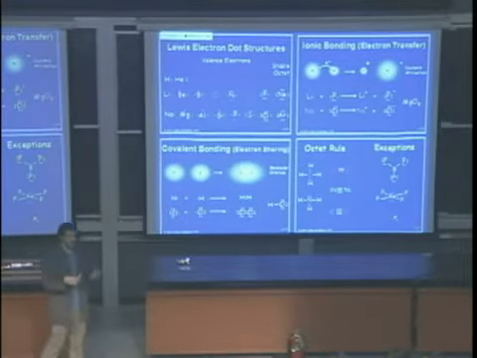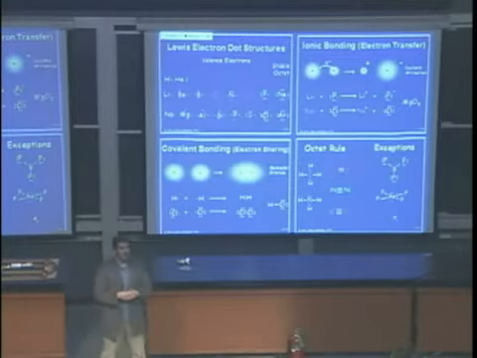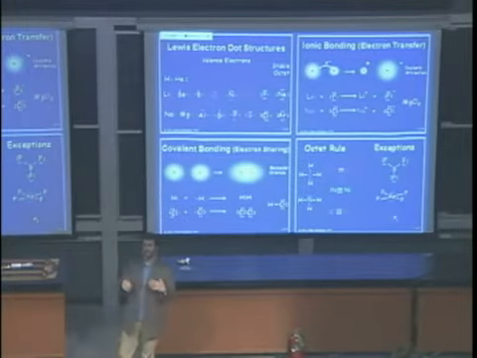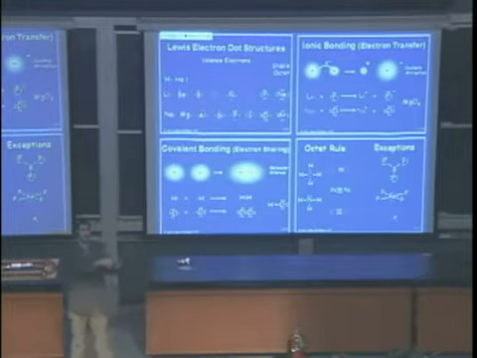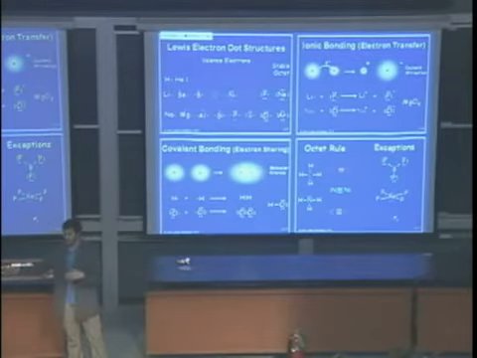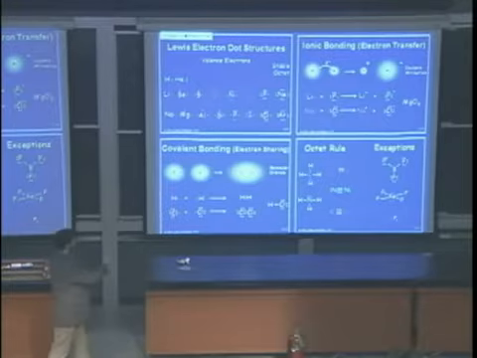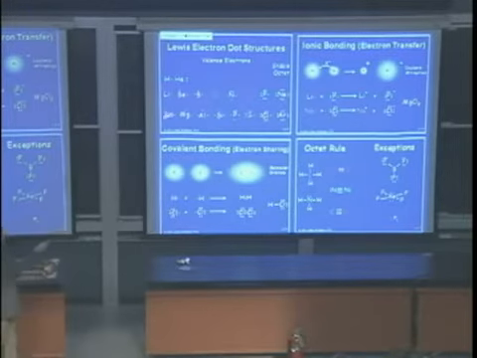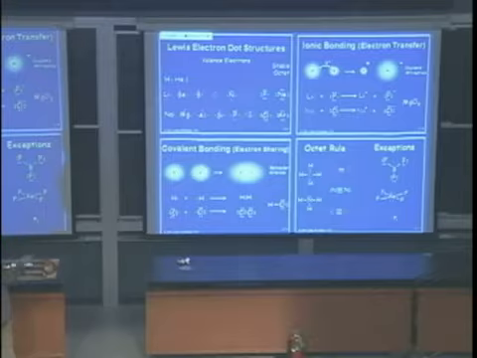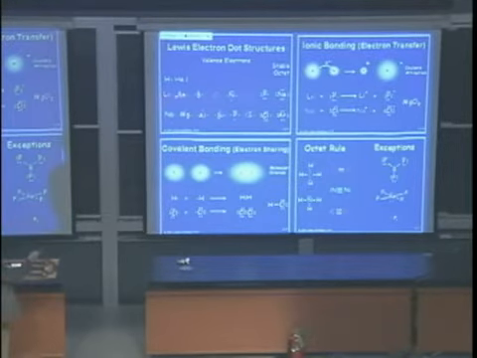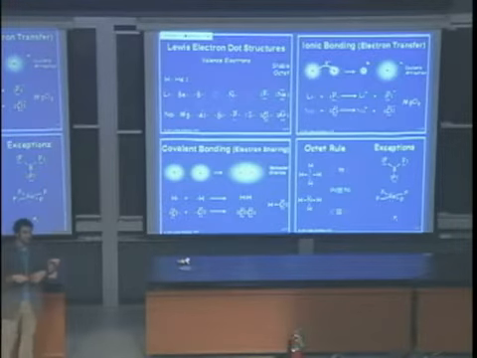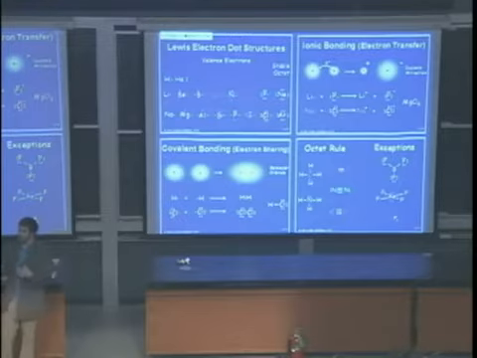Now the first one we talked about is ionic bonding. And ionic bonding is when we completely transfer an electron from one atom to a different atom. So for example, if I have lithium fluoride, if I look at lithium and I want to get to a noble gas configuration, I can either gain 7 electrons to get to neon, or I can lose 1 electron to get to helium.